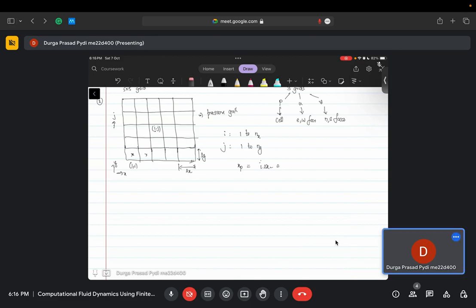This will give you xp. You can check here: if you want the value here, it will be 2 times delta x minus delta x by 2 for the second one. Similarly for any I, this is how you get the cell centroid. And yp is very similar: instead of I you will have j, instead of delta x you have delta y.